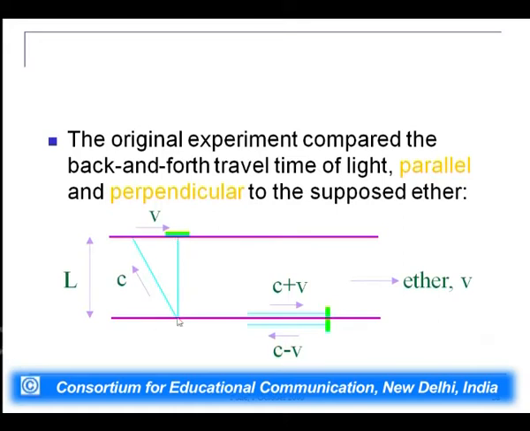It will take the path c and the path v, but the ray which is going along the ether will take the path c plus v, and if it is moving in the opposite direction it will take c minus v.